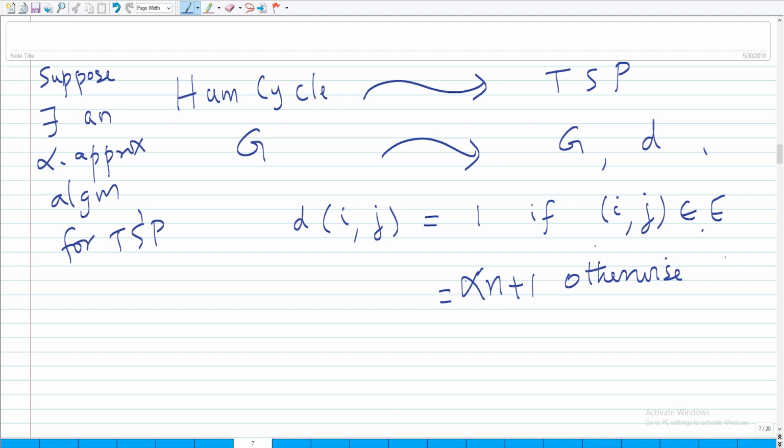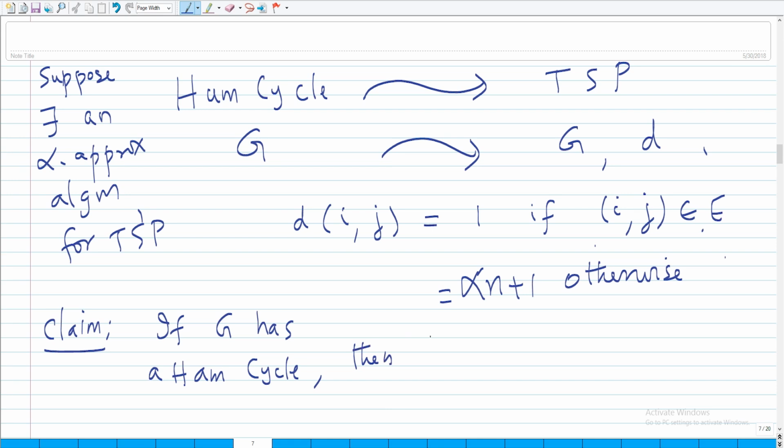So, now what is my claim? The claim is, well, one direction: if G has a Hamiltonian cycle, then the TSP problem has a cycle of length total at most n, right, we know that.